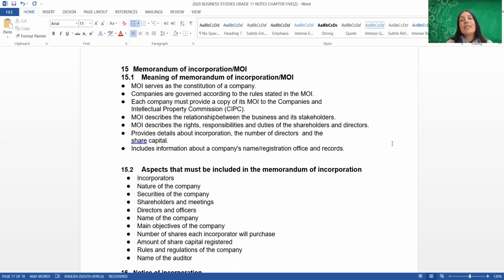We also get different types of shares like preference shares, and that has to be described in the MOI. It includes information about a company's name, the registration office, and record. So this is like a blueprint for each company, and that has to be submitted to the CIPC as part of the registration process of a company.